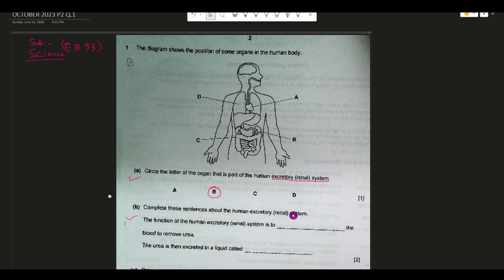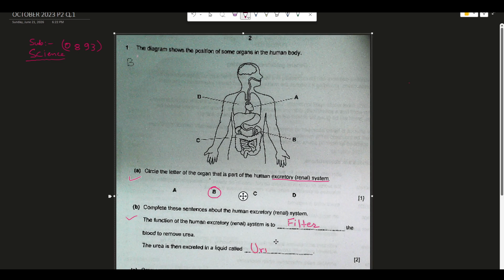So the word you have to use here is filter: filter the blood to remove urea. The urea is then removed in a liquid called, and everybody knows that the answer is urine. Urea, which is separated from the blood, is removed from the body in the form of urine. So your answer will be urine.